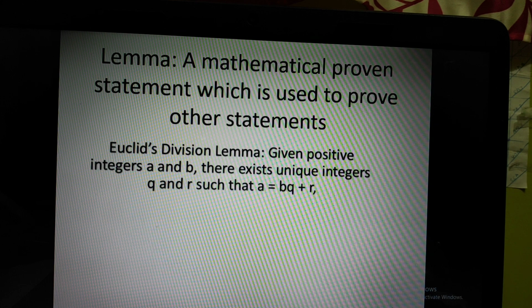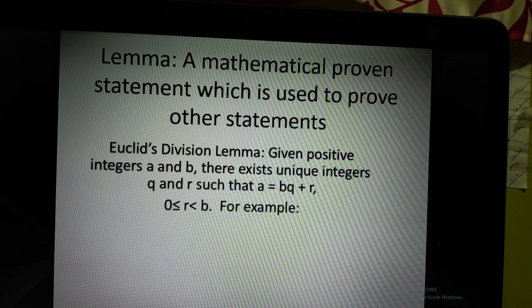And here a is our dividend, b is our divisor, q is our quotient, and r is our remainder. Here the condition r should satisfy is 0 is less than or equal to r, less than b.